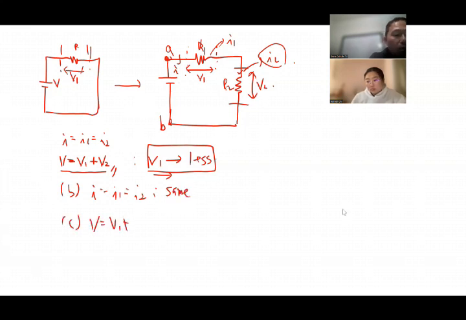You can just replace it with the expression of the current and resistance, that is IR equals I1 R1 plus I2 R2. And now I is the same as I1 and I2, so you cancel, and then obviously R12 is R1 plus R2.